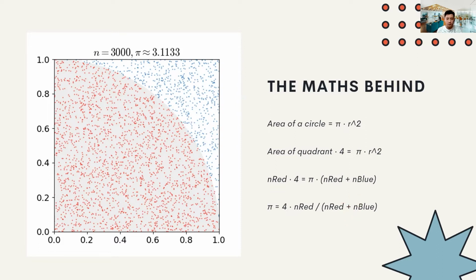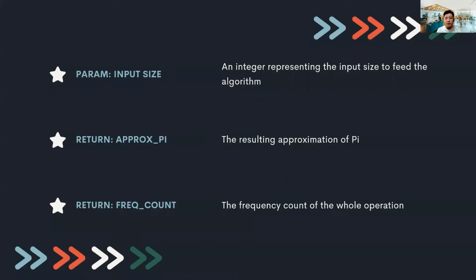So before jumping into the code, let me clarify that all variations that will be presented are defined as functions that receive an integer, which is the input size, and return an approximated pi value based on its calculation, and the frequency count, the number of steps it took to actually calculate this value.